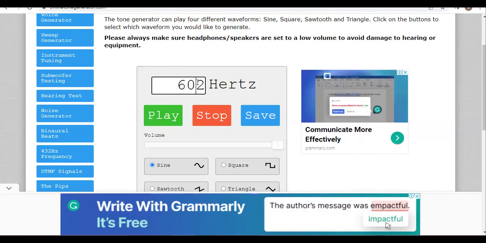Suppose I increase it to 3, suppose I increase it to 4, suppose I come back to 1.